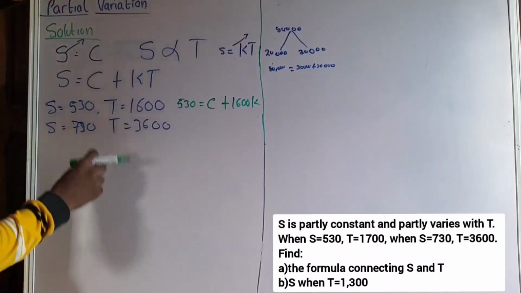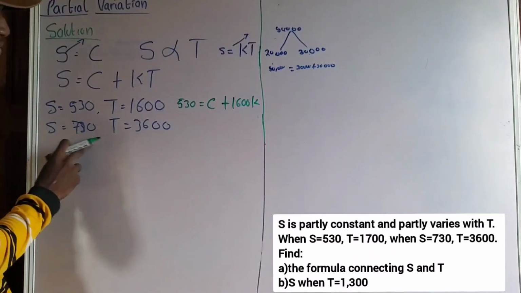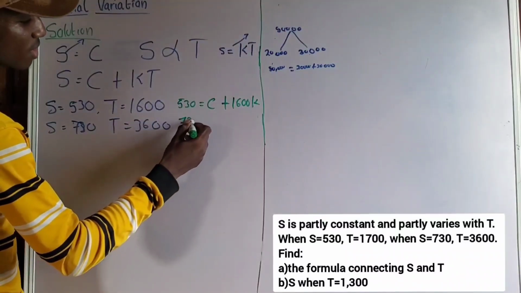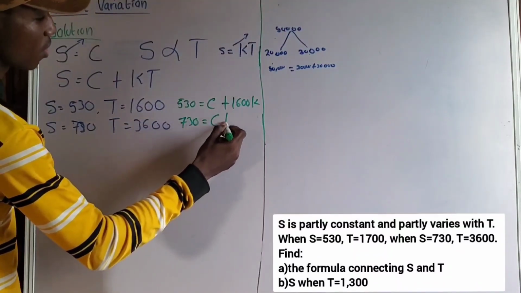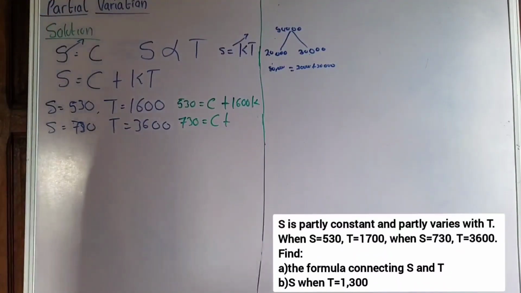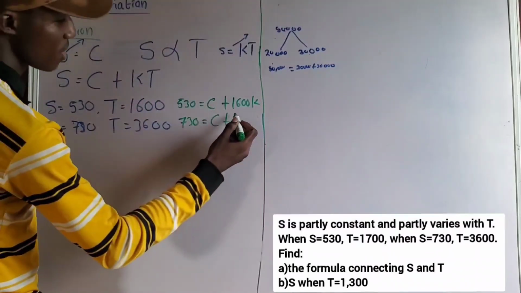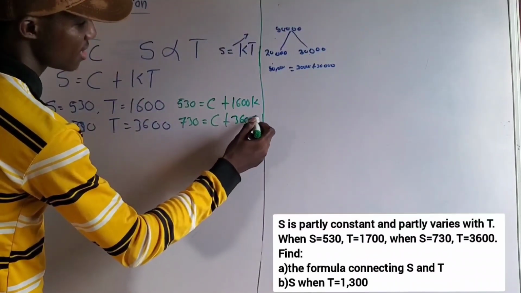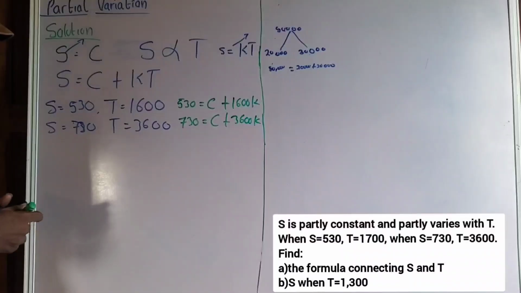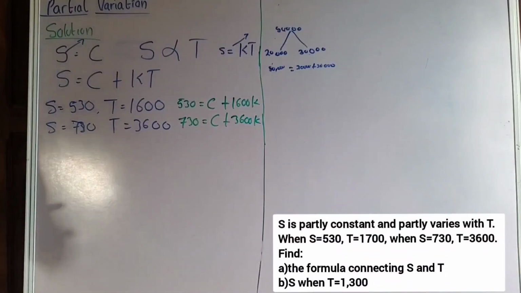Do you understand? Okay, for the second equation, we have the value of S as 730. So I'm going to have 730 equals C plus, now we have the value of T as 3600. So I'm going to replace the value of T here as 3600, so I'm going to have 3600K. So we can combine both equations and solve simultaneously.